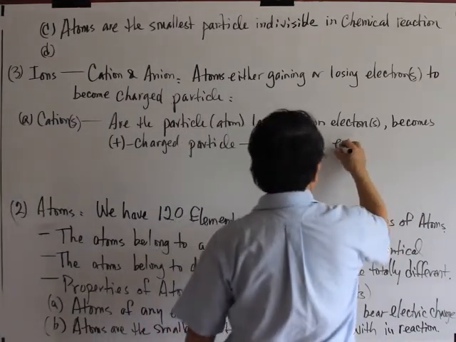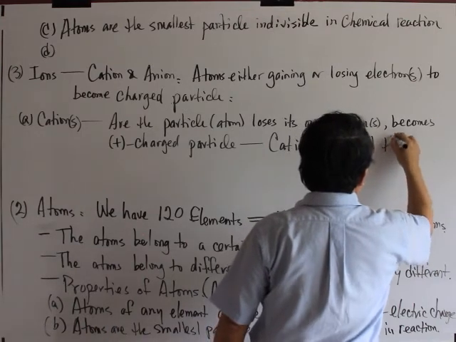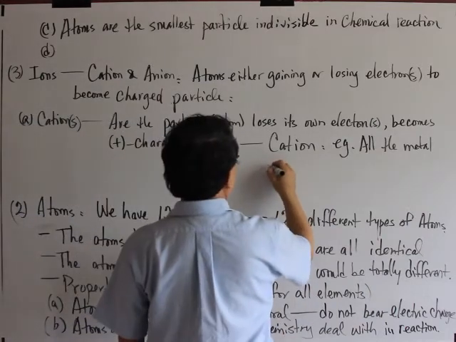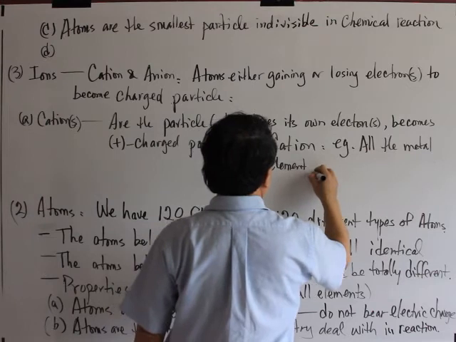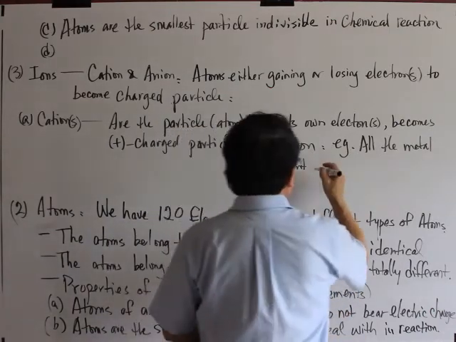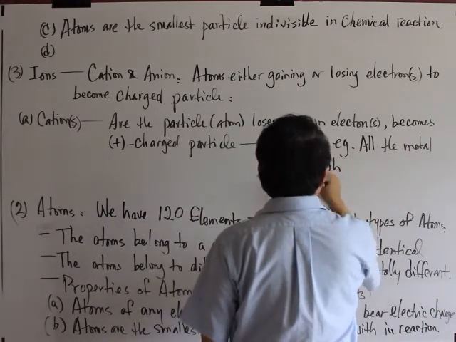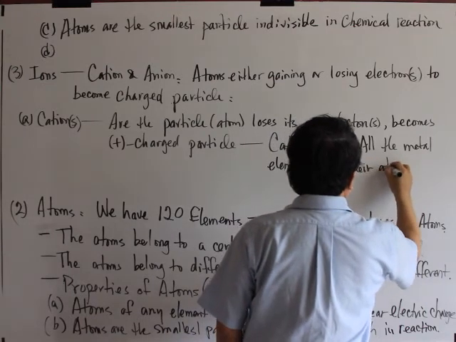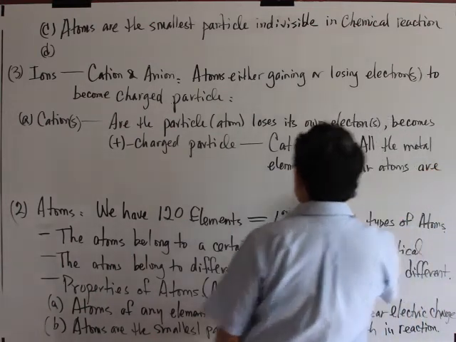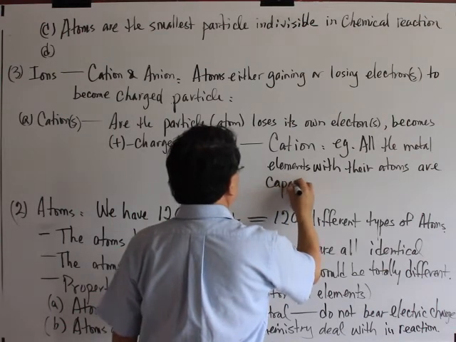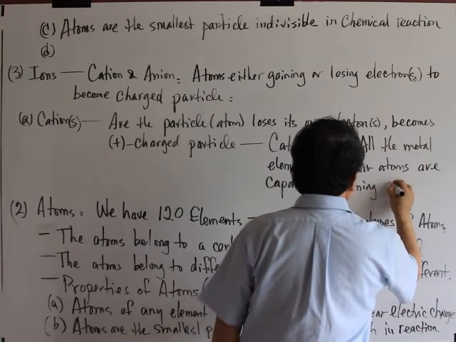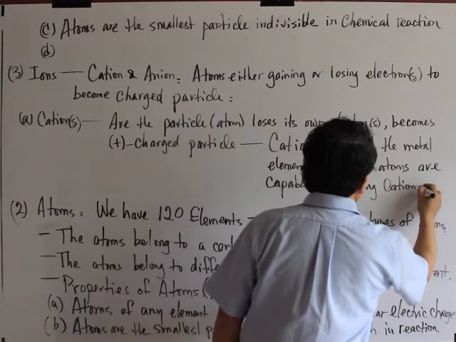For instance, all the metal elements, with their atoms, are capable of forming cations.